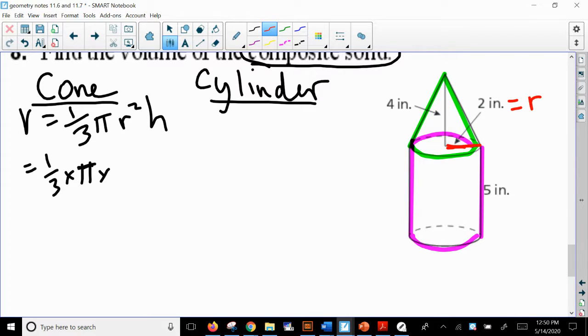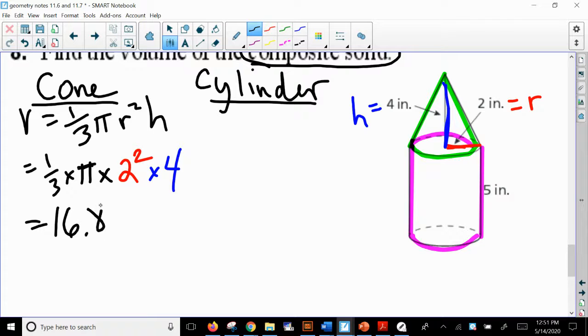That's our r. So r squared is 2 squared. Times the height, which is telling us, here go the height right here, straight up and down, which is 4. That's our height. So times 4. Okay. Throw that all in the calculator. 1/3 times pi times 2 squared times 4. And I have 16.8 because I used the pi button and I rounded to the nearest tenth. But some of you might have 16.7 and it's all good.